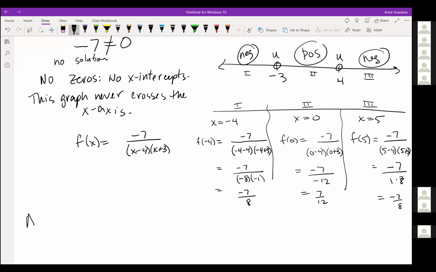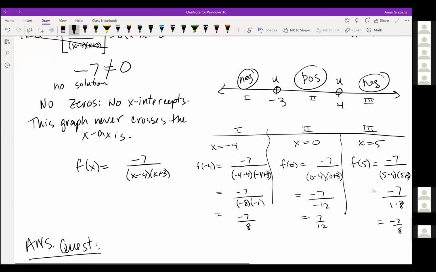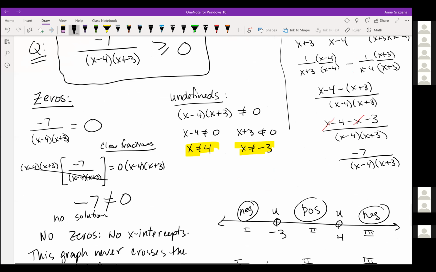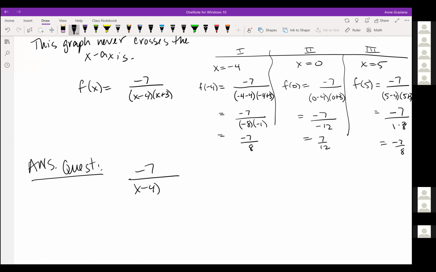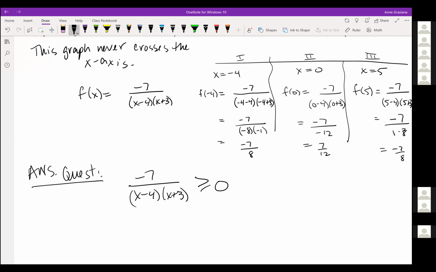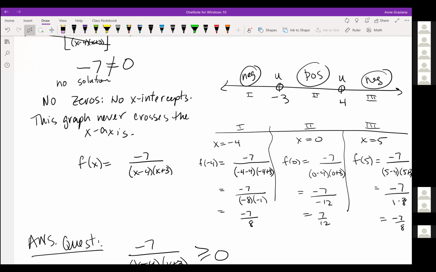Okay, now I got to answer the question. So I want to know back when it's greater than or equal to 0. So -7 over this. Where would we pick? How about Glycaria?